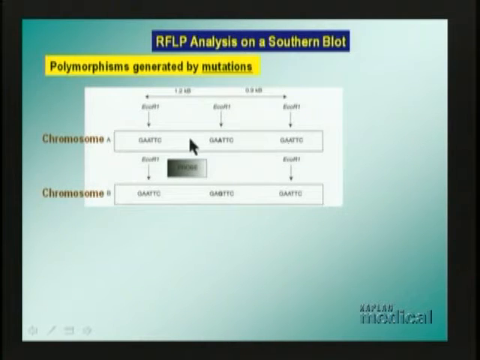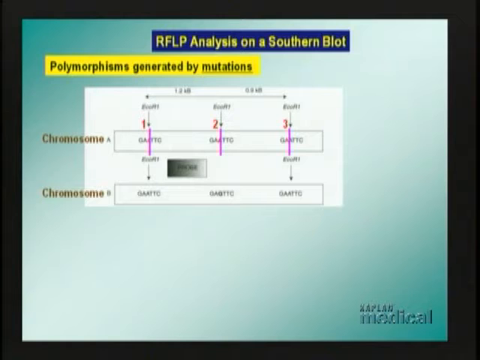These are going to be 3 palindromes for this endonuclease EcoR1. So if you take chromosome A, add EcoR1, it's going to cleave at site 1, 2, and 3. Why? Because there are palindromes for EcoR1, and you'll get fragmentation of chromosome A at site 1, 2, and 3.